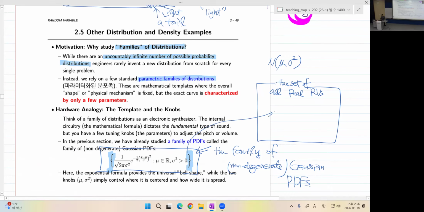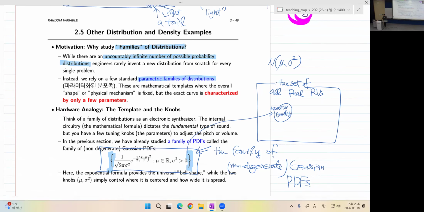Very small, but let's exaggerate. So here goes the Gaussian family. And within this set, different members are distinguished by different pairs of mu and sigma square.